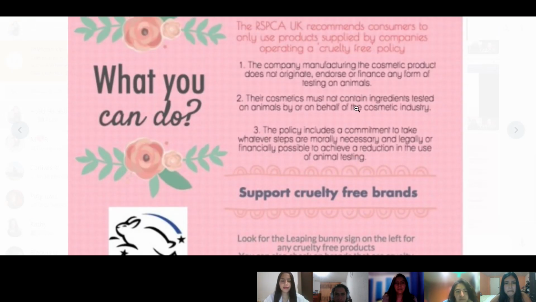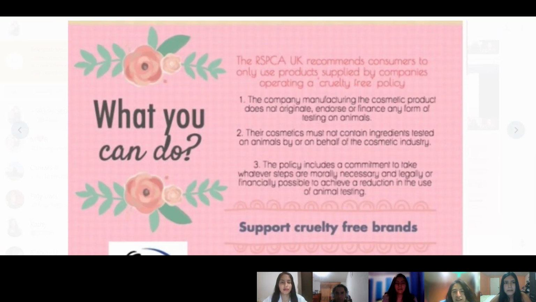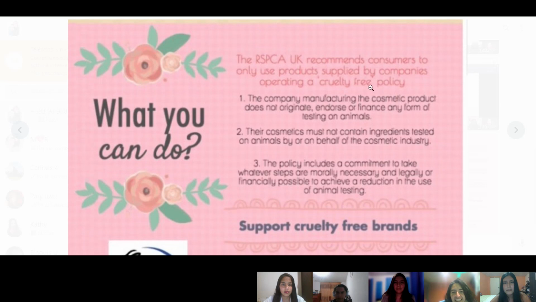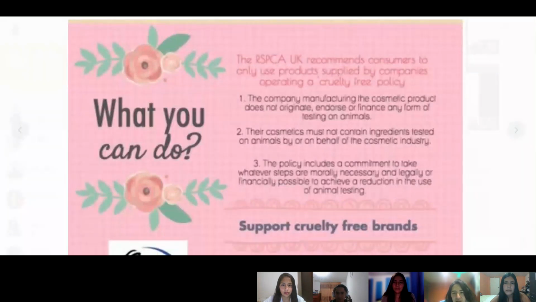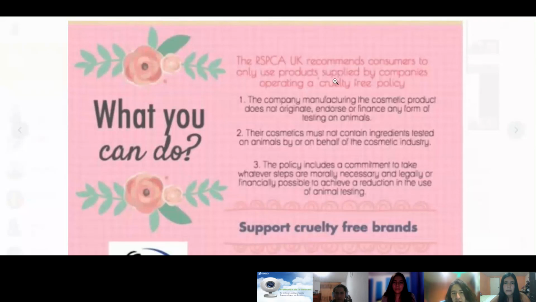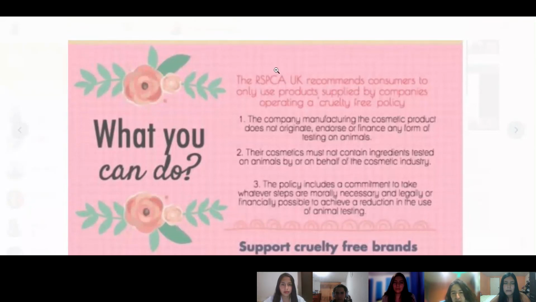Can you expand? Okay. It says what you can do. The RSPCA UK recommends consumers to only use products supplied by companies operating a cruelty-free policy.